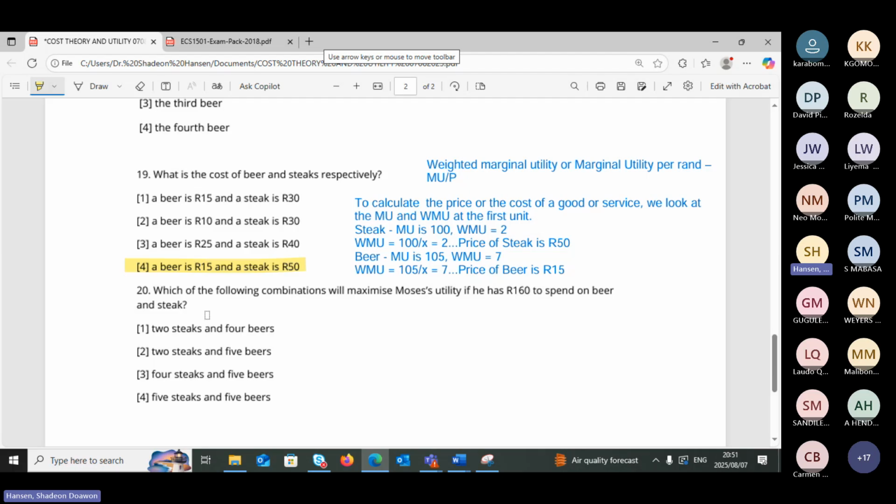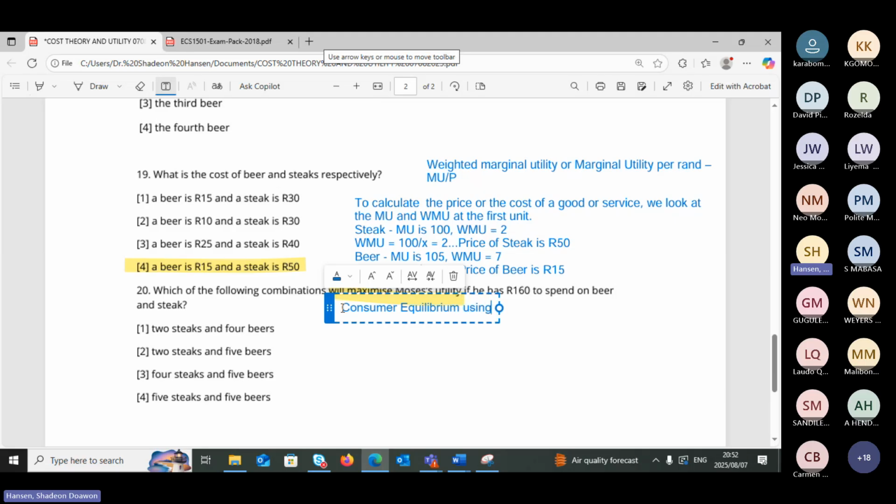So basically, students, when we talk about maximizing utility in a table such as this, where we have 2 goods or even 3 goods, this basically means we are looking for consumer equilibrium. We are looking for consumer equilibrium using marginal analysis.